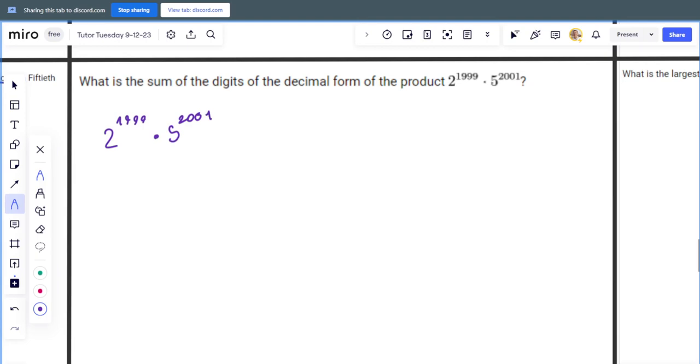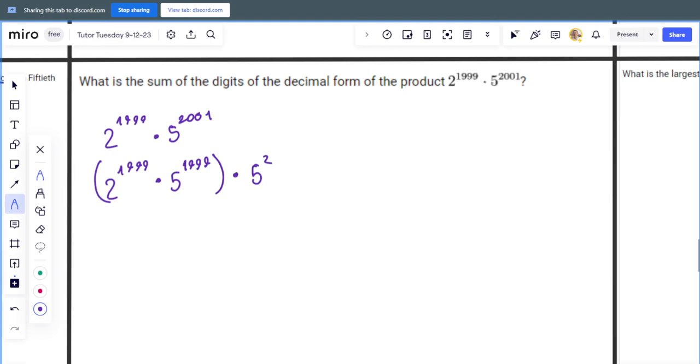What I would do is convert this one on the right. 2 to the 1999 times 5 to the 1999 times 5 squared. Right? We could do that. Nice.